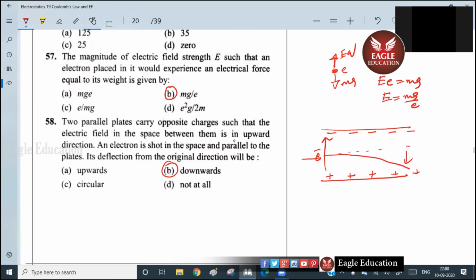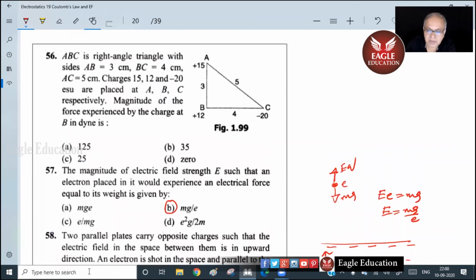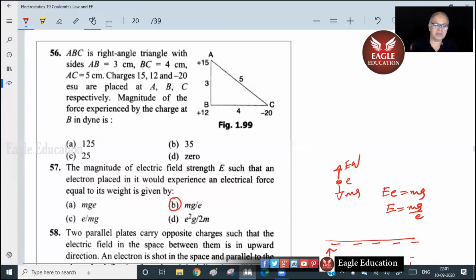Next, these questions are simple. They're going fast. 56. ABC is a right angle triangle with side AB 3, BC 4, AC 5. Charges are 15, plus 15, plus 12, minus 20. The magnitude of the force experienced by the charge at B is in dyne. Yes, directly they are in electrostatic CGS units only.